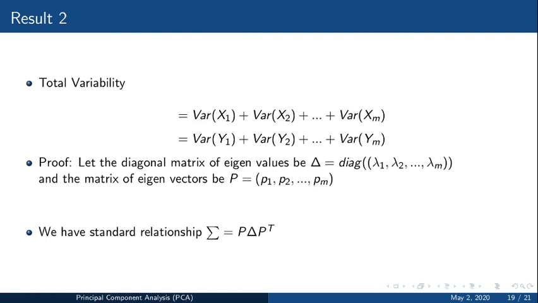So we have two matrices: one is a diagonal matrix of eigenvalues and the other is a matrix P of eigenvectors. We have the standard relationship sigma equal to P delta P prime.